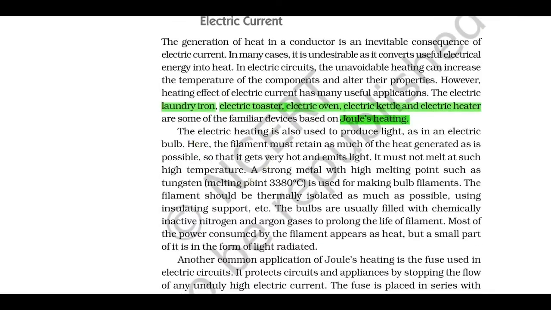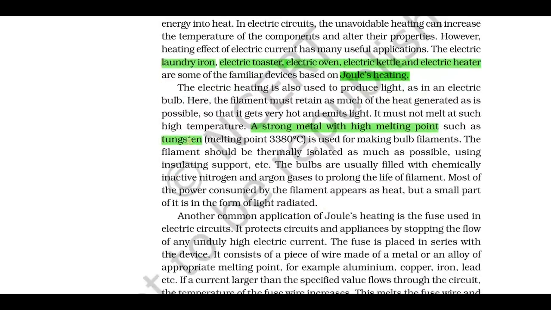So you have the reason here, right? Why is tungsten used in the filaments of electric bulbs? Because it has a high melting point, it has high resistivity, and on heating, it emits light. That's why tungsten is widely used in the filaments of electric bulbs.